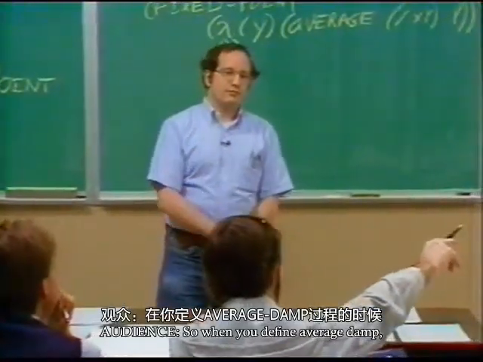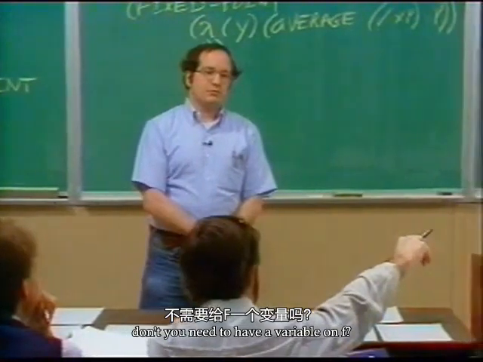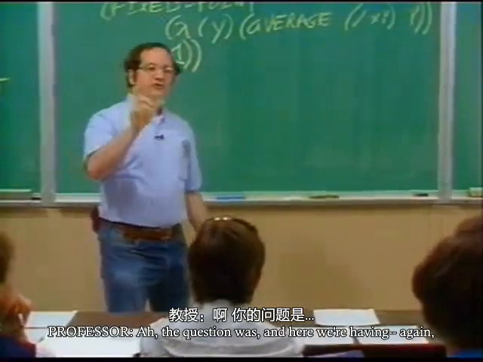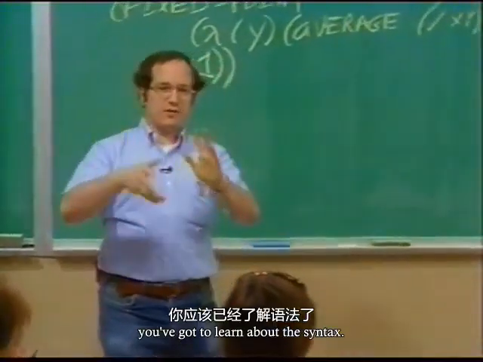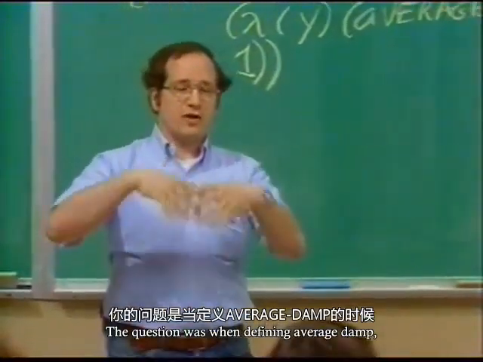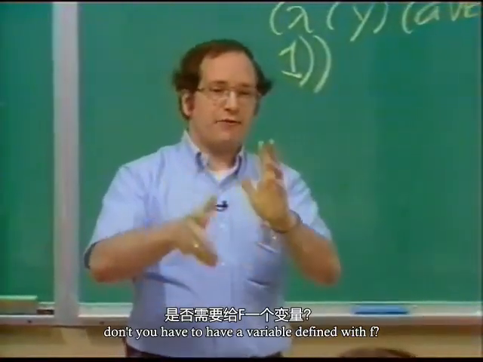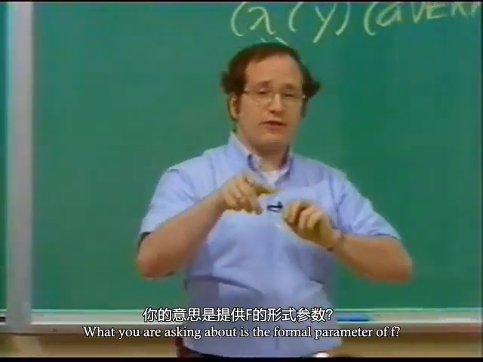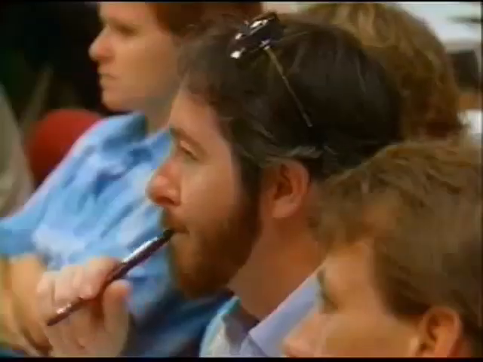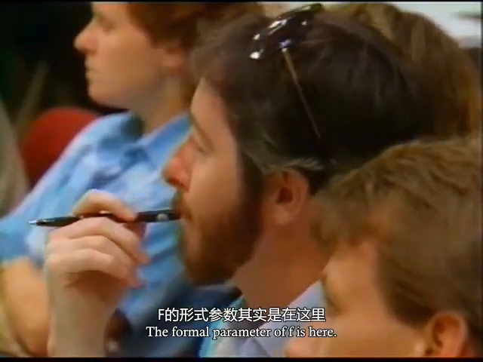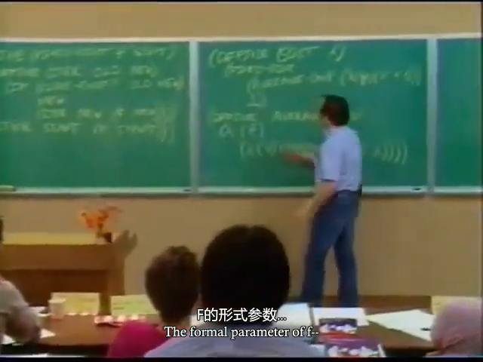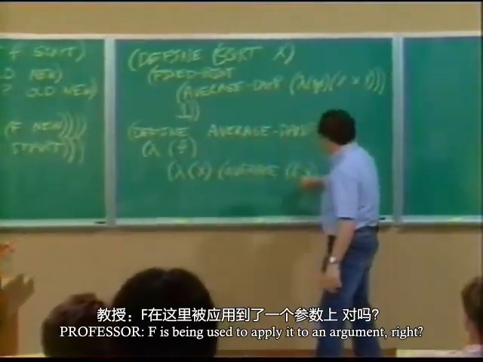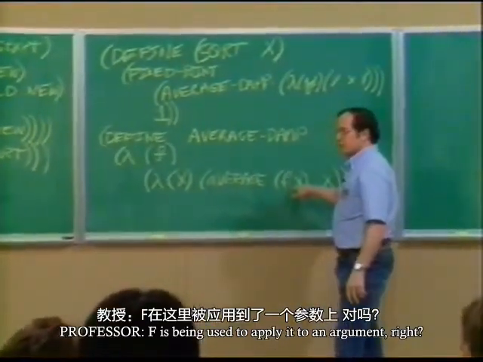When you define average damp, don't you need to have a variable f? The question was, when defining average damp, don't you have to have a variable defined with f? What you are asking about is the formal parameter of f? Okay. The formal parameter of average damp, f, is being used to apply to an argument.